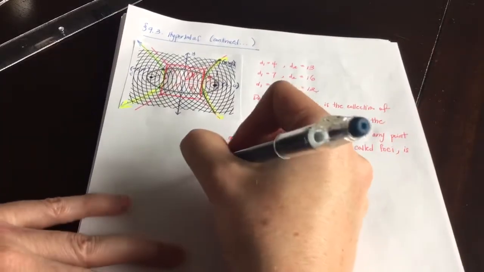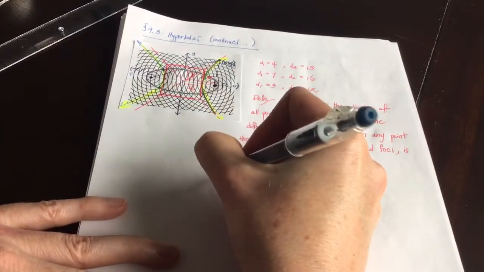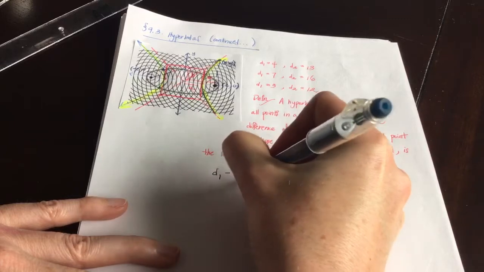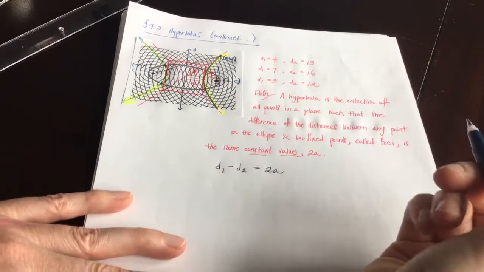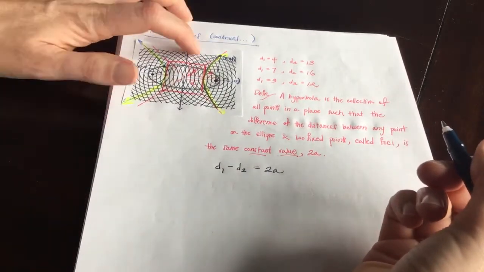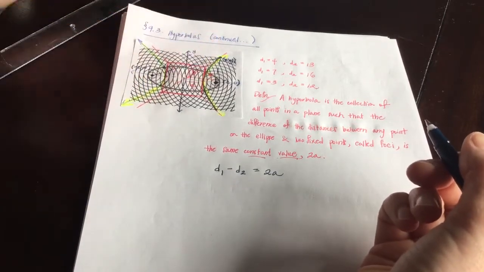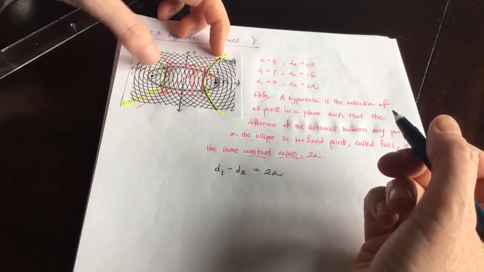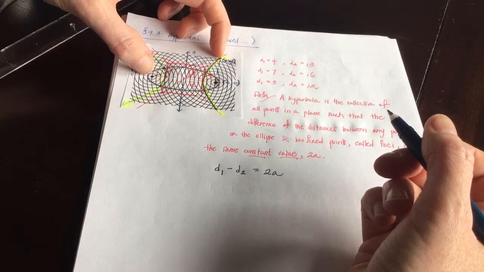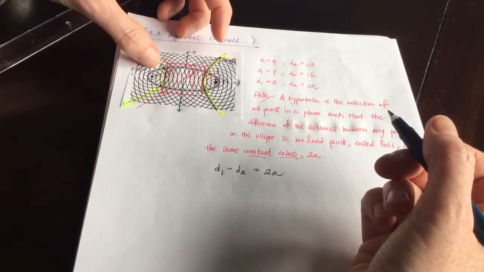So step 1 in your derivation is simply that distance 1 minus distance 2 has to always equal 2a. Well, what would distance 1 be? It would just be, maybe let's do the longer distance, the distance formula applied between (x, y) and (-c, 0).